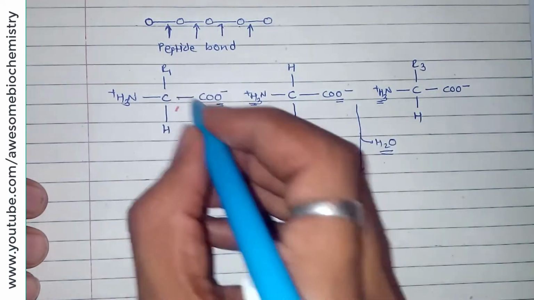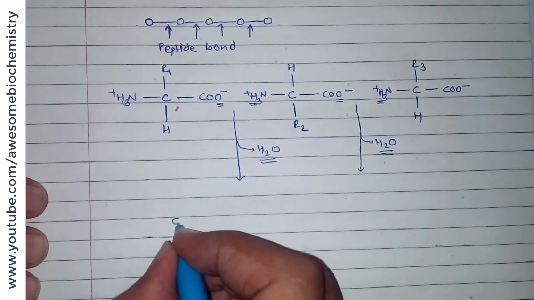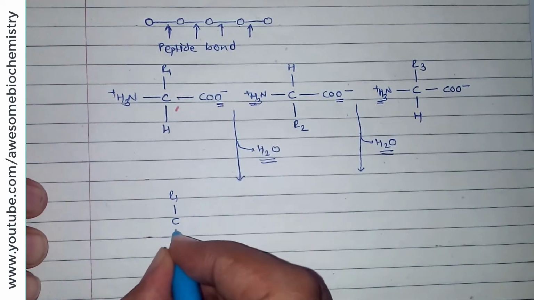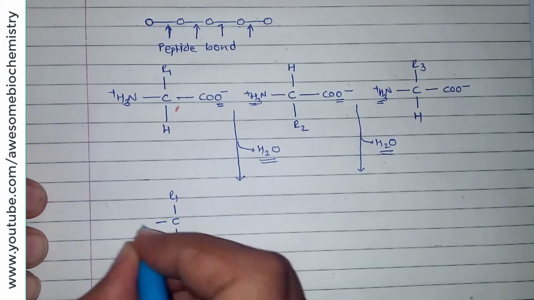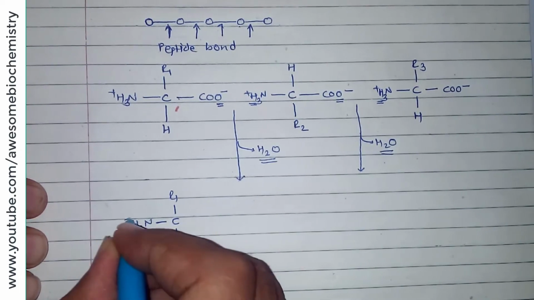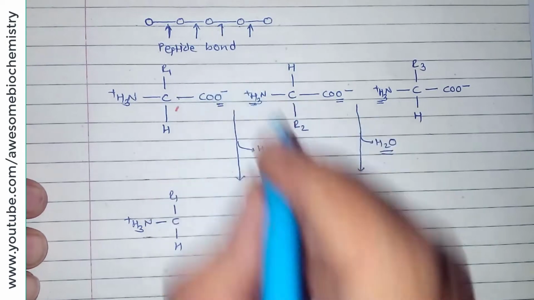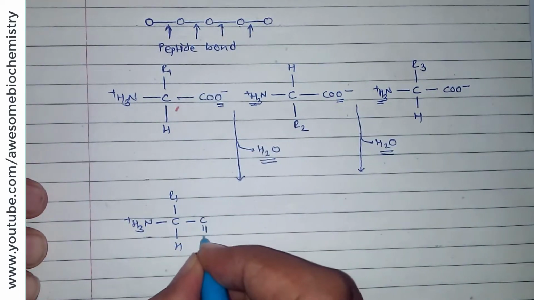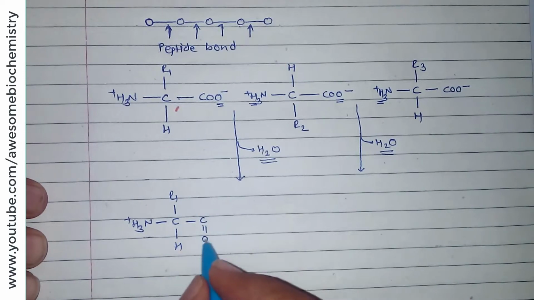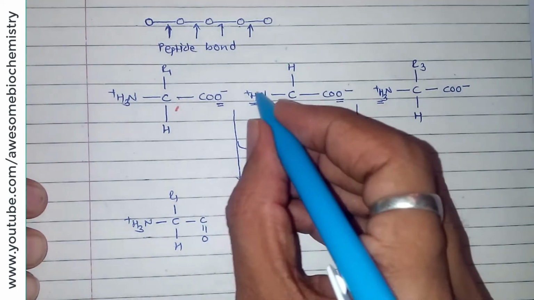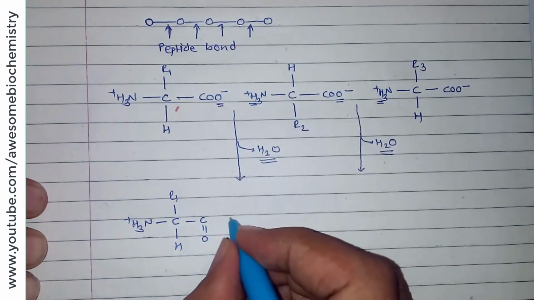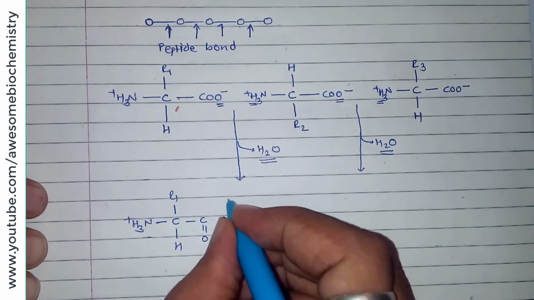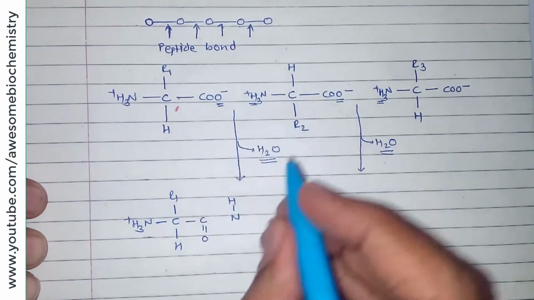Okay. So, now what will be the structure? This R1 will remain unchanged, this H will remain unchanged, this amino group will also remain unchanged, but this carboxyl group is now in the form of C double bond O, that is, only a single oxygen atom remains. About this amino group, what will happen? This is N and H, only a single hydrogen atom will remain.